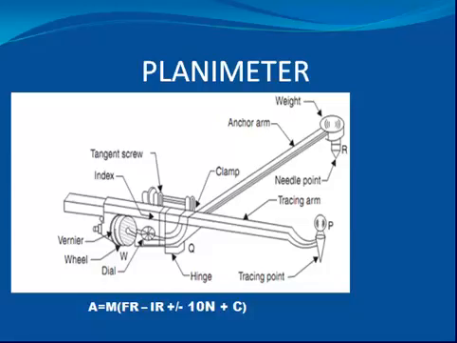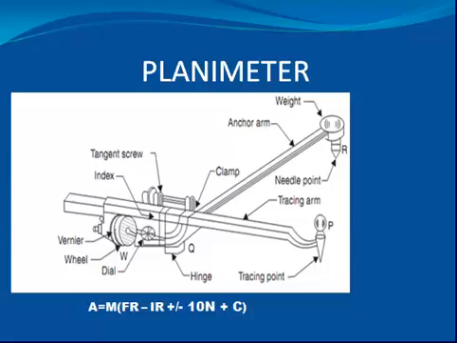The area calculated with this method using instrument planimeter is given by A is equal to M into FR minus IR plus or minus 10N plus C, where A is the area of plan or figure, M is multiplier of a planimeter whose value is marked on the tracing arm next to the scale division.